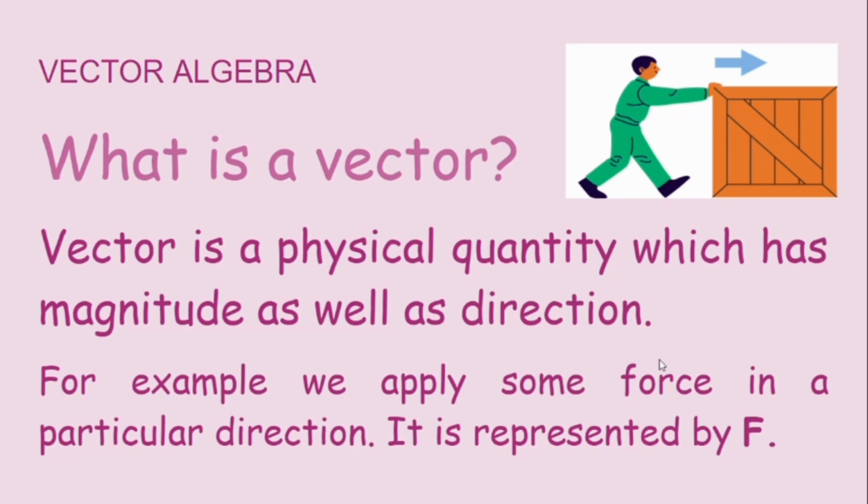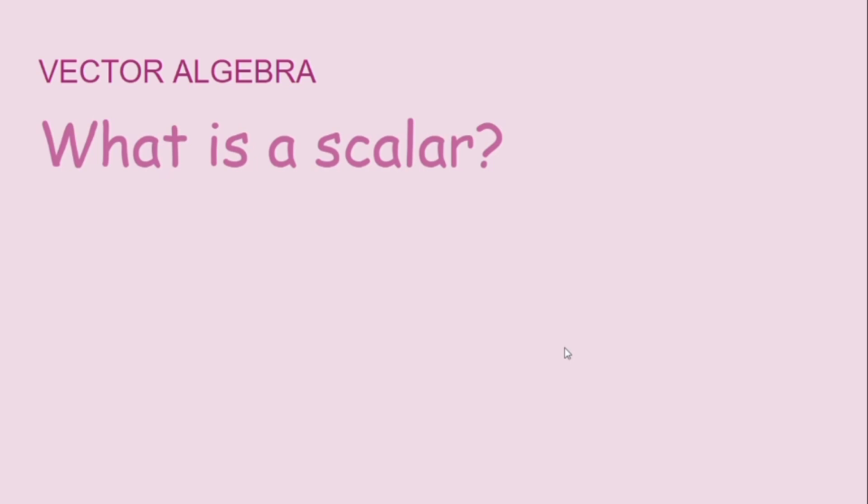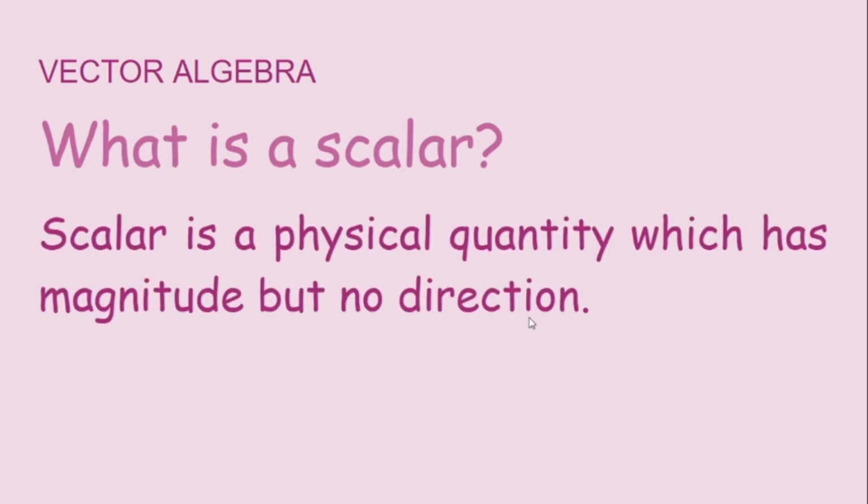It is represented by bold F or an arrow on F or a bar on F. Any vector can be represented in this way. And when we talk about vectors, we also talk about scalars. Now we will see what a scalar is. A scalar is a physical quantity that has magnitude but no direction.